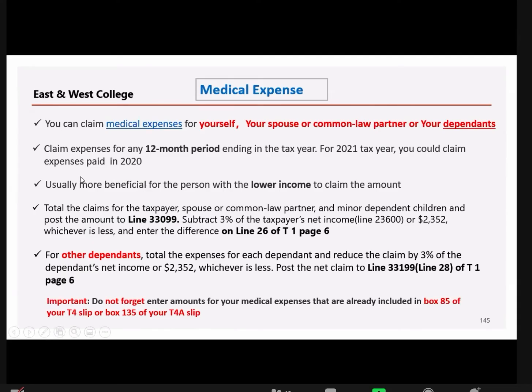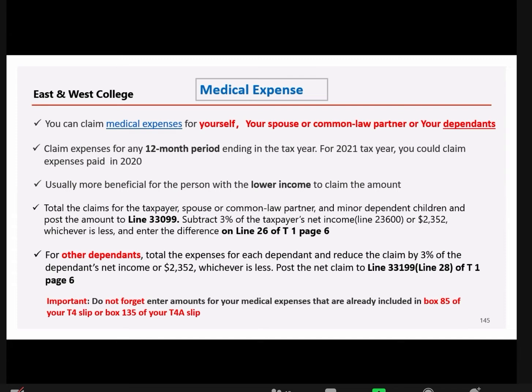Keep in mind, sometimes I give you lots of examples with 2020, but if you already claimed a 2020 receipt in your 2020 return, then in 2021 you just claim from January to December. January 2021 to December 2021 is correct.